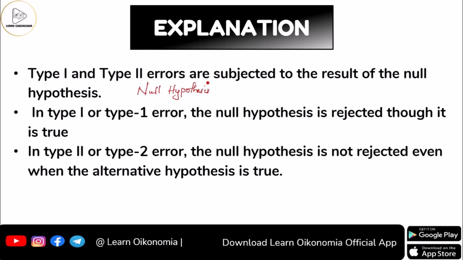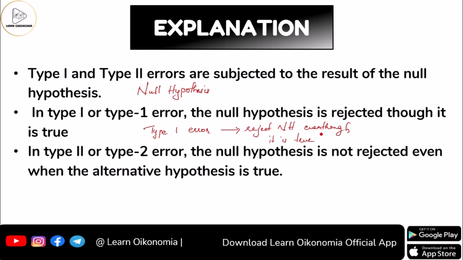Okay. So when it comes to the type 1 error, we usually reject the null hypothesis even though it is true. So it shows that type 1 error, here we reject the null hypothesis, even though it is true.